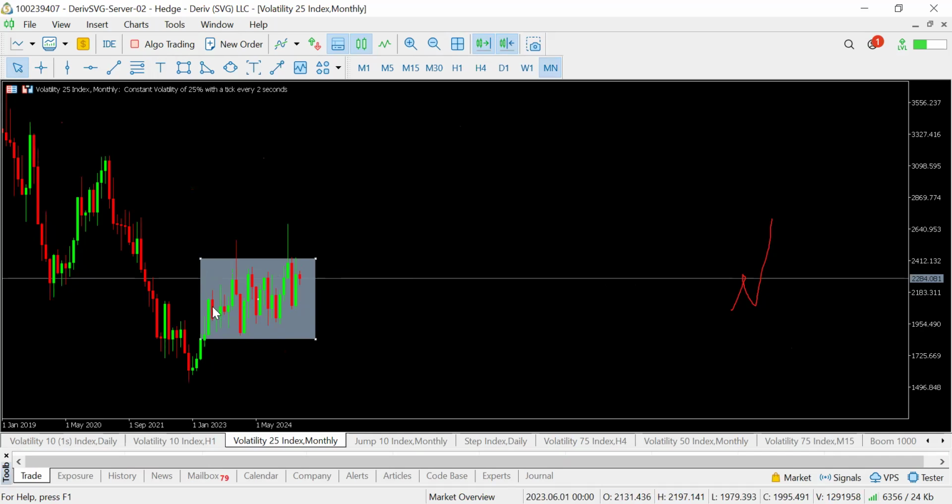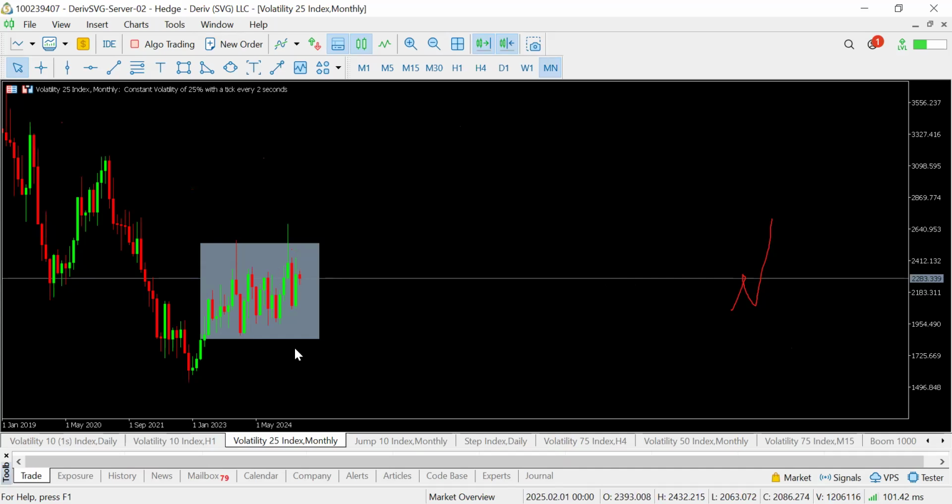So for 1, 2, 3, 4, 5, 6, 7, 8, 9, 10, 11, 12, 13, 14, 15, 16, 17, 18, 19, 20, 21, 22, 23, 24. For 2 years, volatility 25 has been ranging. Since 2023, for 24 months, it has been ranging.